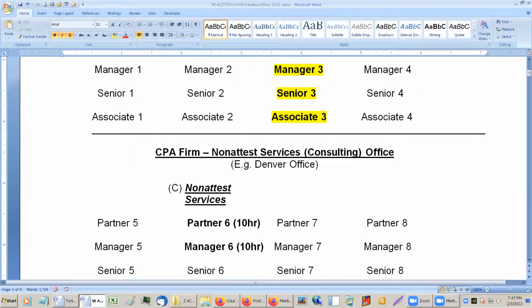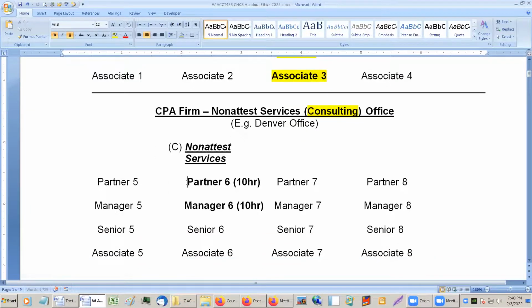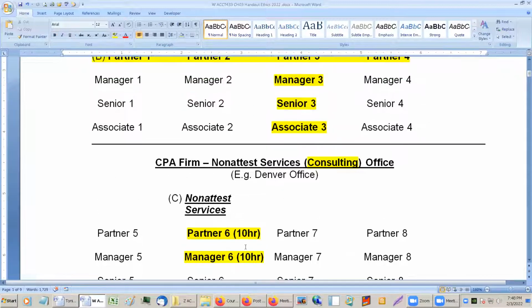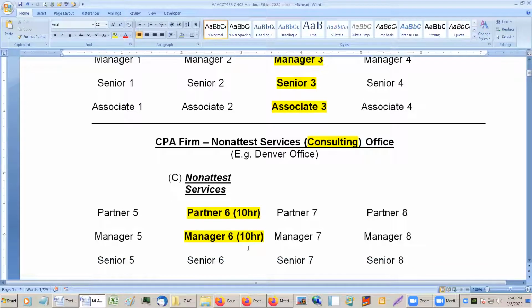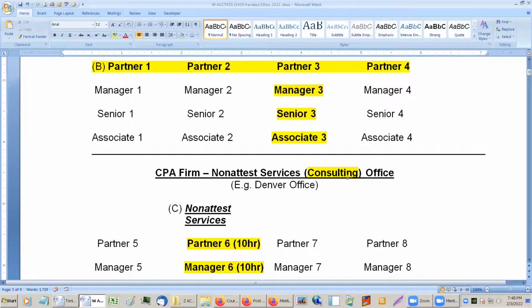In the consulting area, people doing consulting, the partners and managers only. It doesn't apply to seniors or associates. And these are the groups that they mostly focus on when they talk on the CPA exam.